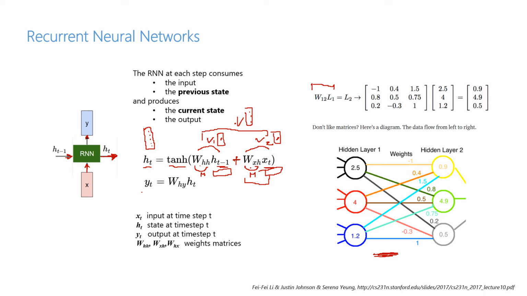And the output is even simpler, because we just take the state and multiply it by a third weight matrix. So how does a recurrent neural network learn?